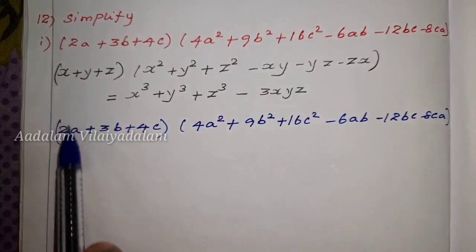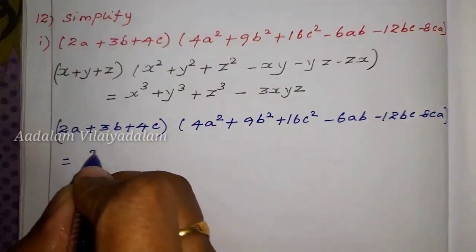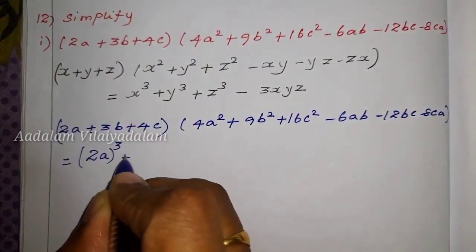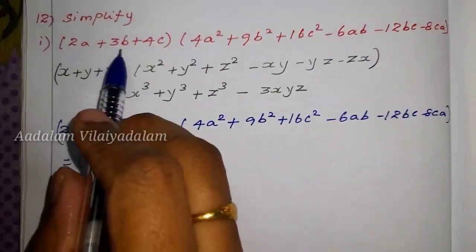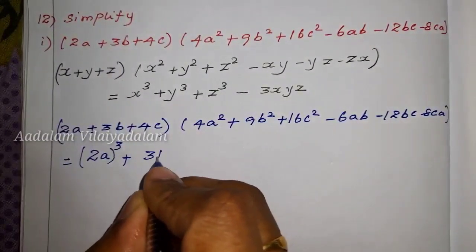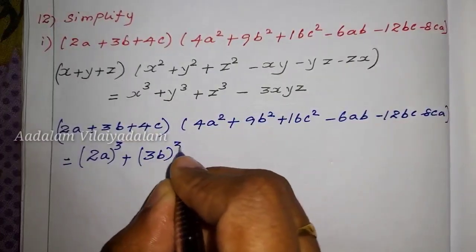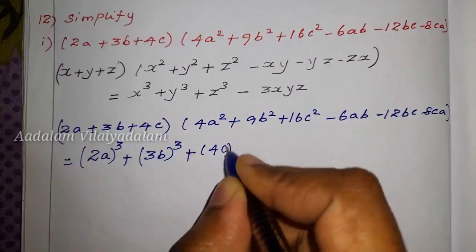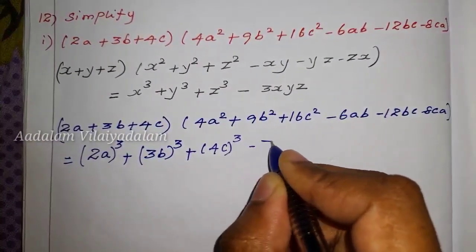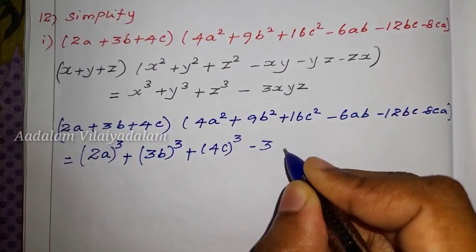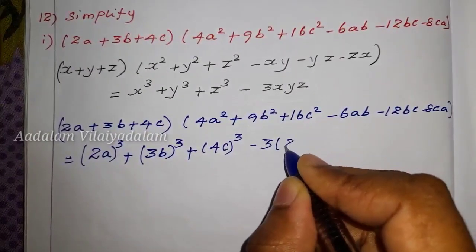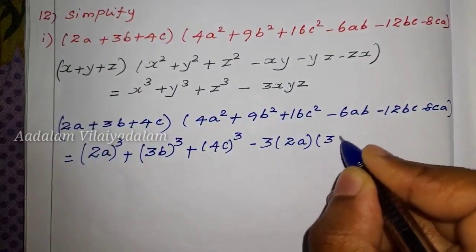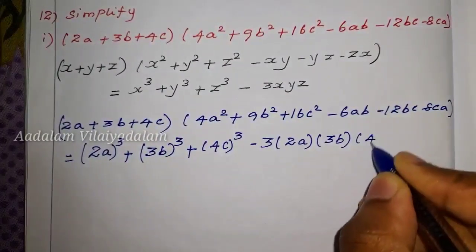The x value is 2a, that is 2a the whole cube, plus y value is 3b, that is 3b the whole cube, plus the z value is 4c the whole cube, minus 3 into xyz, that is x value is 2a, the product of x then y and z value.